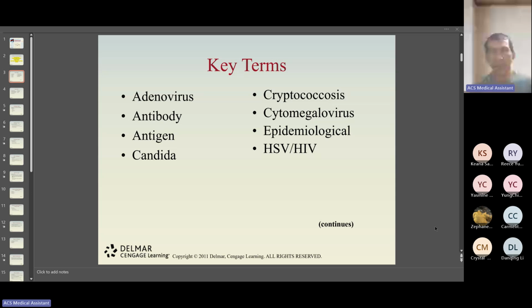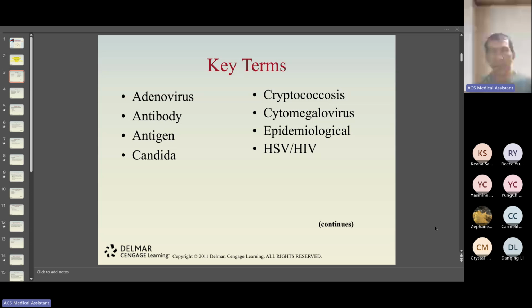Antibodies: remember, we have certain components in our body that protect our body. They're called antibodies and antigens. That's basically what it is.